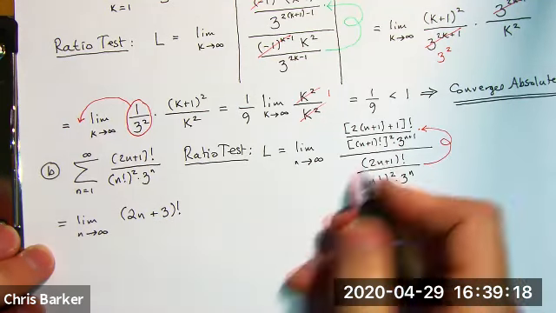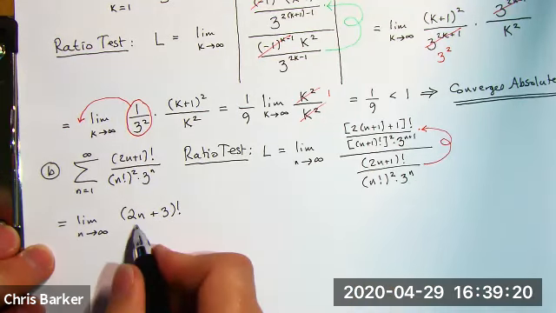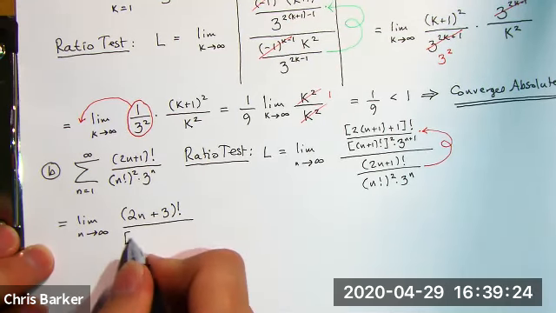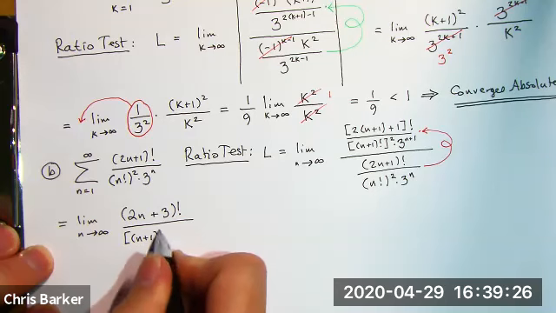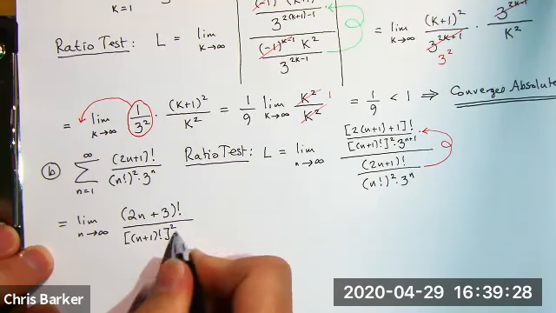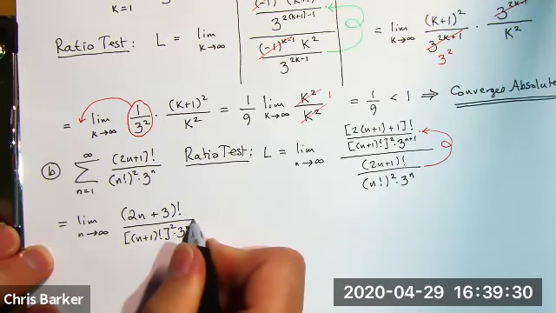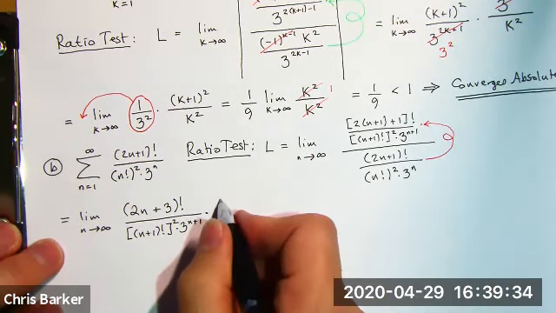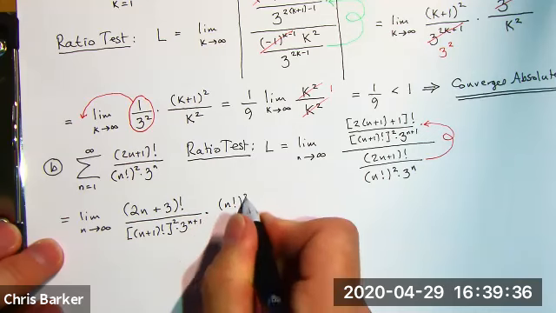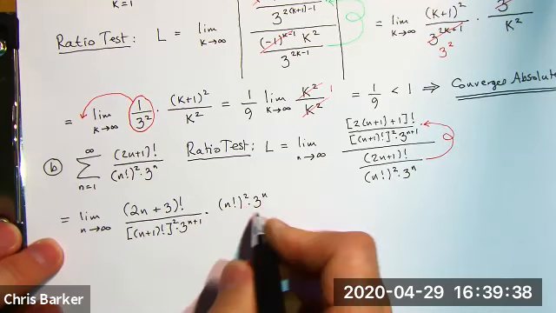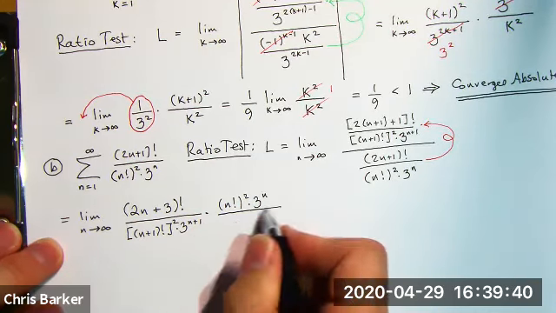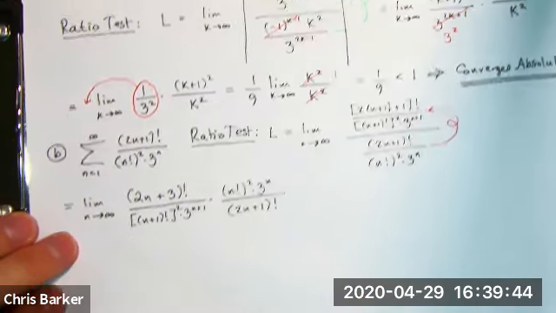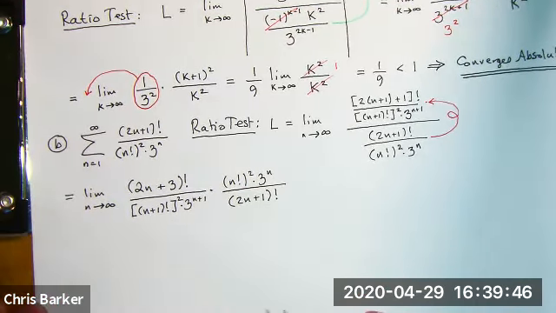And then on the bottom, well, there's not much I can do to help that out, so I'll just write it straight up again. (n plus 1) factorial squared times 3 to the n plus 1 times, and then this one flipped over, n factorial squared times 3 to the n divided by (2n plus 1) factorial, like that. Any questions so far?